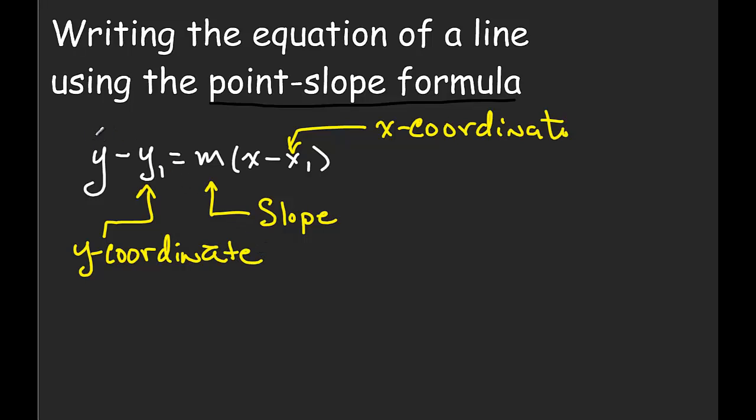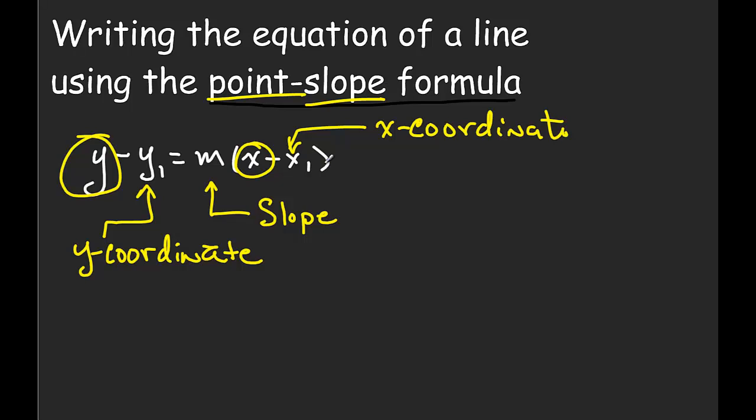Now these two, the y and the x, they stay y and x. Nothing goes in their place. They don't get replaced. The only three things that get replaced are the slope, the x coordinate, and the y coordinate. So that means to use this formula, we need a point and we need a slope. Without those two, we can't use the formula.